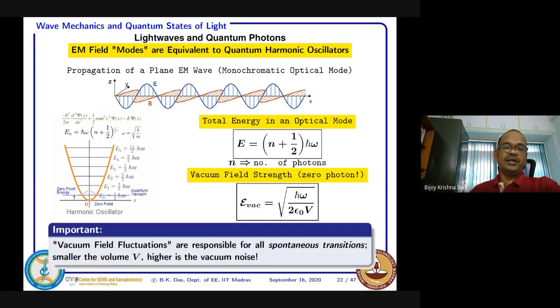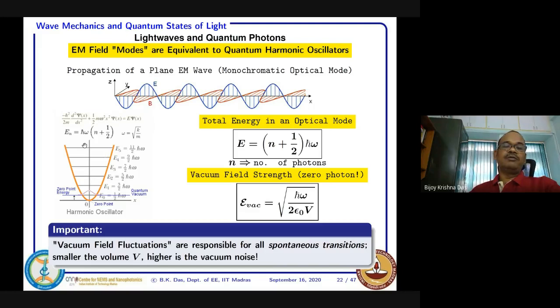For any harmonic oscillator, suppose it is oscillating with a total energy of 3/2 ħω. That means this is the maximum energy, which will be flying back and forth between potential energy and kinetic energy. It can be shown, and we will show in due course, that any monochromatic optical mode can be represented similar to this quantum harmonic oscillator.